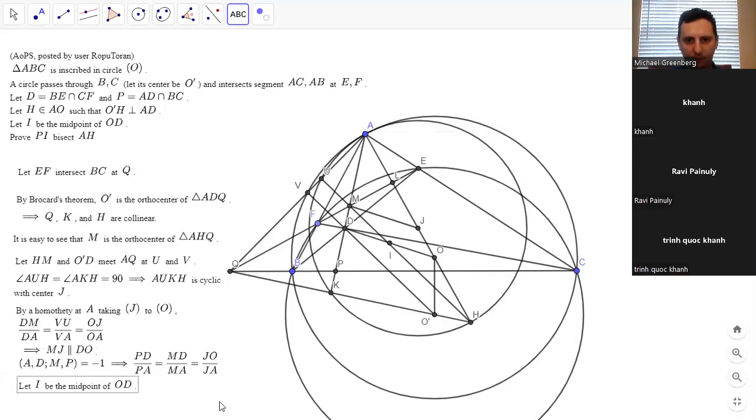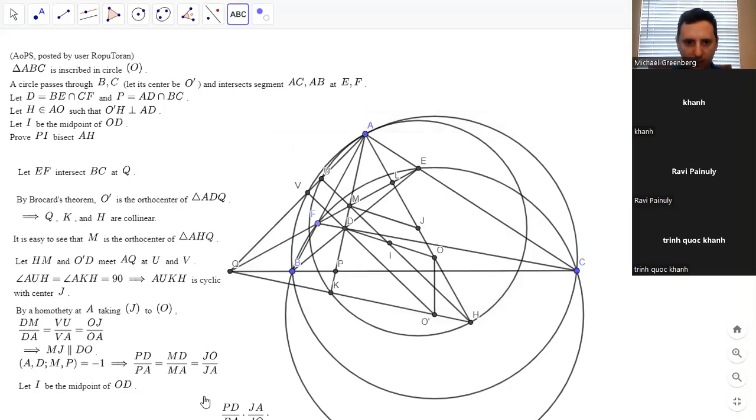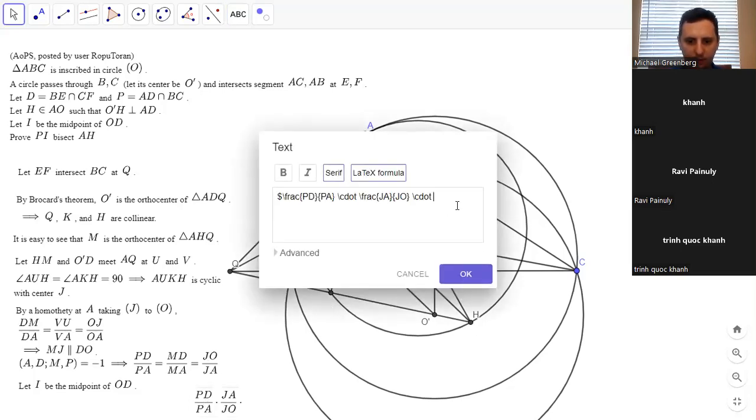So we have PD over PA times JA over JO times OI over IB equals 1. And that means that PI and J are collinear.